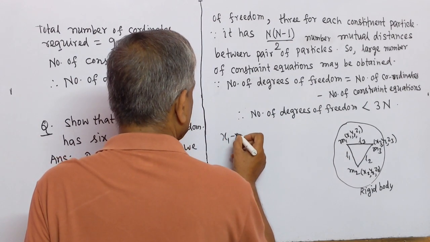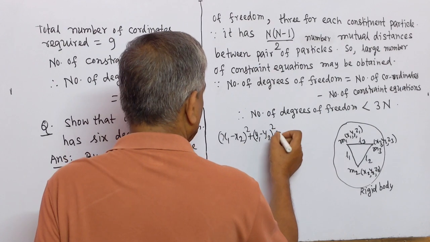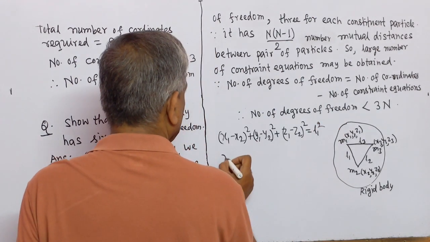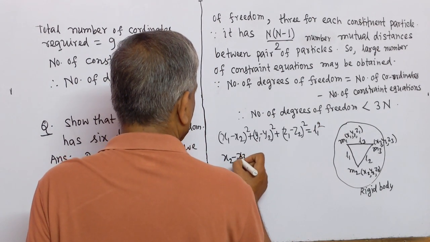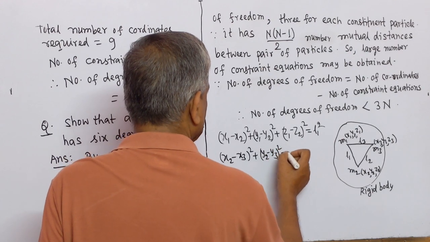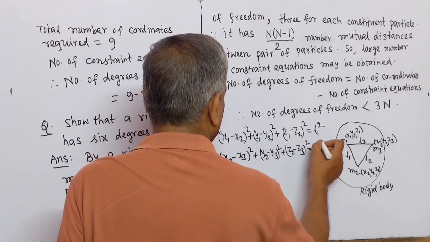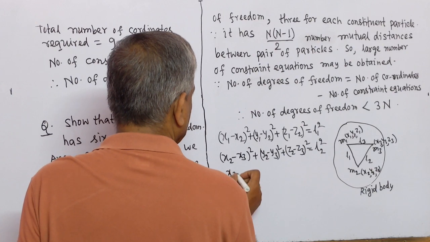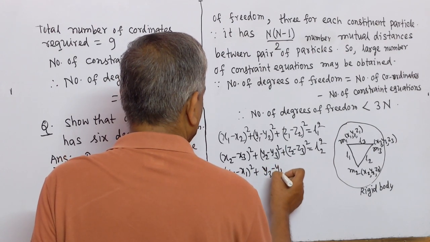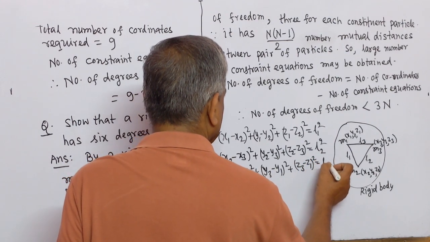This may be written in equation form: x1 minus x2 whole square plus y1 minus y2 whole square plus z1 minus z2 whole square equal to L1 square, x2 minus x3 whole square plus y2 minus y3 whole square plus z2 minus z3 whole square equal to L2 square, and x3 minus x1 whole square plus y3 minus y1 whole square plus z3 minus z1 whole square equal to L3 square.